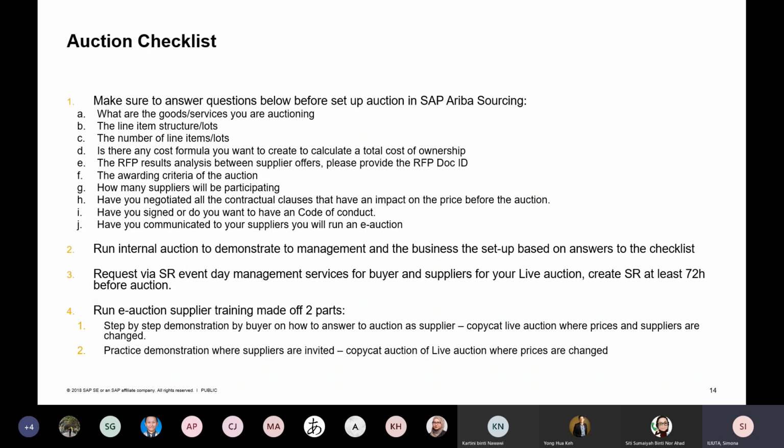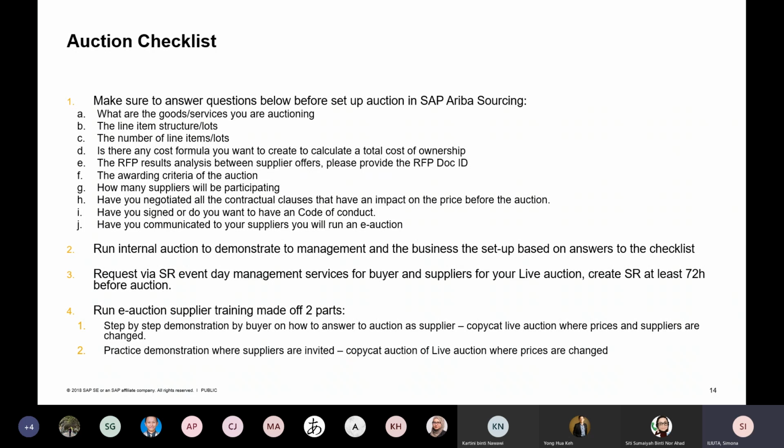Anything that has to do with payment terms, delivery terms, lead time, please make sure that you have the legal department involved, that you have the suppliers agree with the drafted contract document that you want them to sign, or if it's not on SEB paper, that you have the supplier paper agreed on, and all the contractual clauses that impact the actual price you're negotiating have been discussed and agreed upon by the legal departments.